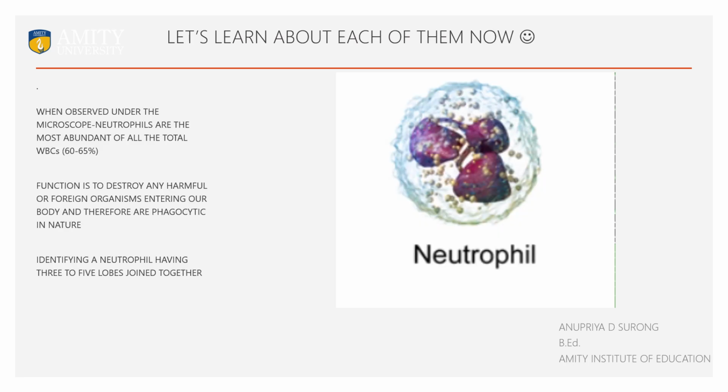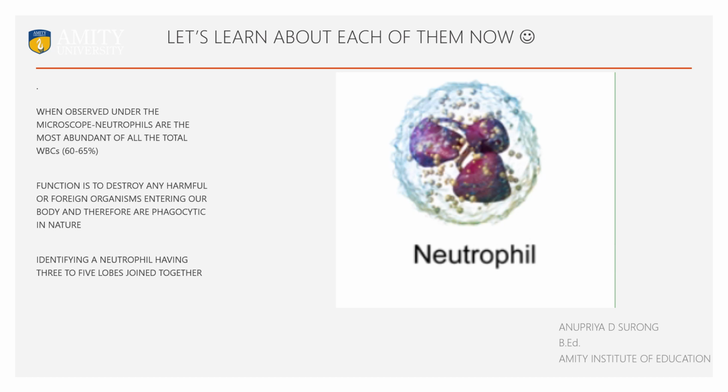Neutrophils when observed under the microscope, you will find that neutrophils are the most abundant of all the total WBCs. That is 60 to 65% of the total WBCs comprises of neutrophils. And the main function of neutrophil is to destroy any harmful or foreign organisms entering our body.